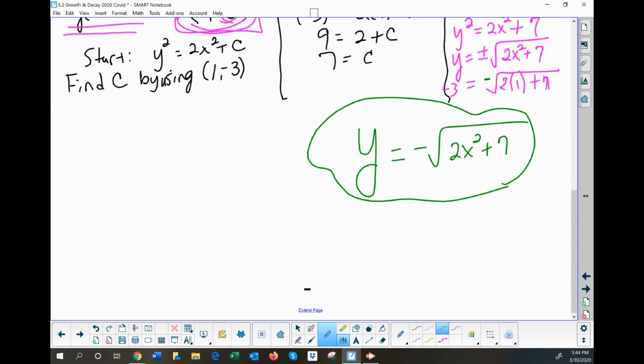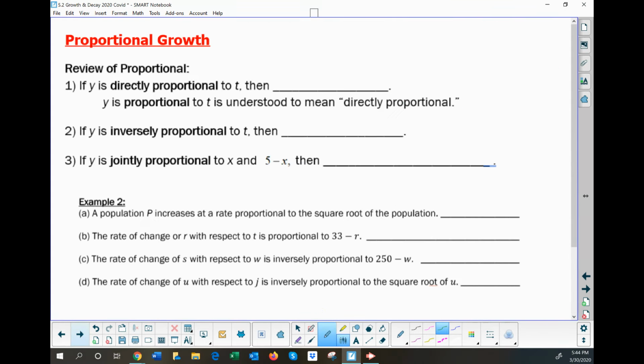The proportional growth. This is a little bit about Algebra 2 and pre-calc stuff where we worked with proportionality constants. It says if y is directly proportional to t, then I know that as t increases, so should y. And I can write a direct equation, y is equal to k times t.